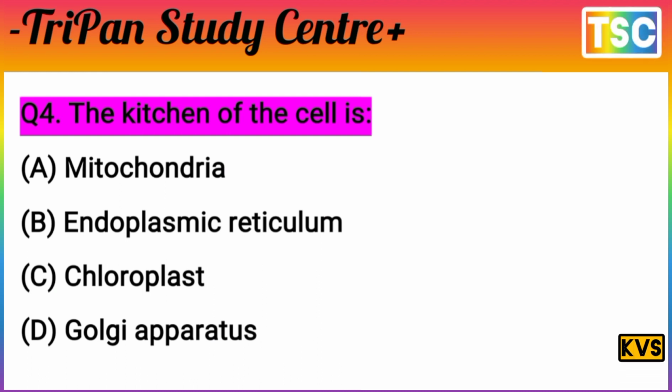Chloroplast is called the kitchen of the cell because it is involved in the photosynthesis of food.